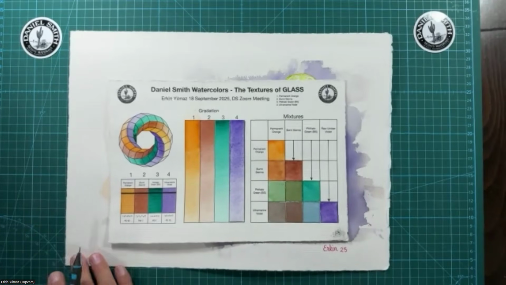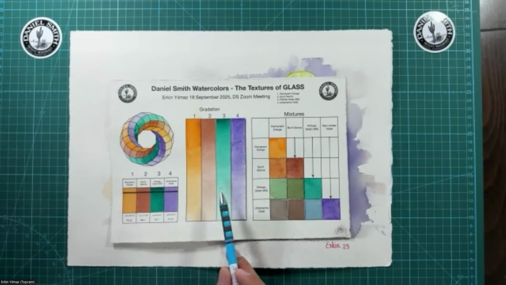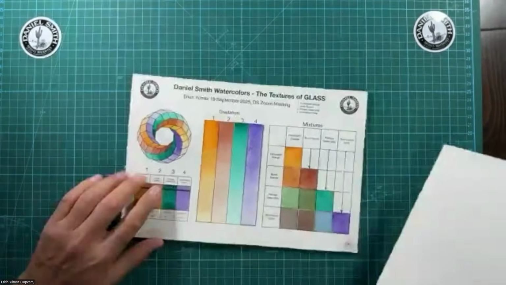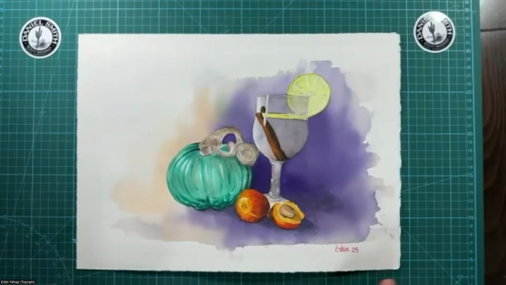I used some lunar black to darken some colors in some areas. I made a gradation and mixture with these colors in order to see the result. And this is my painting for this week.